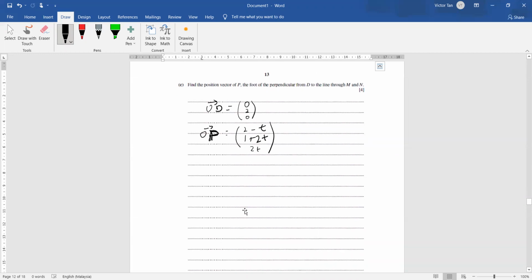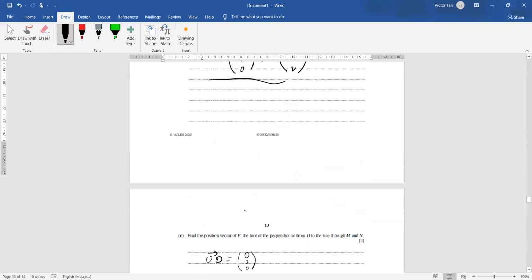So here the vector DP is OP minus OD. So it will be 2 minus t minus 0, which is 2 minus t; 1 plus 2t minus 2, which will be 2t minus 1; and 2t minus 0.